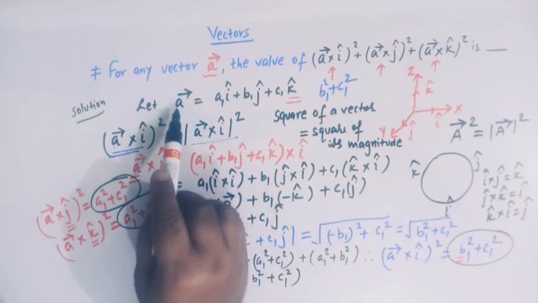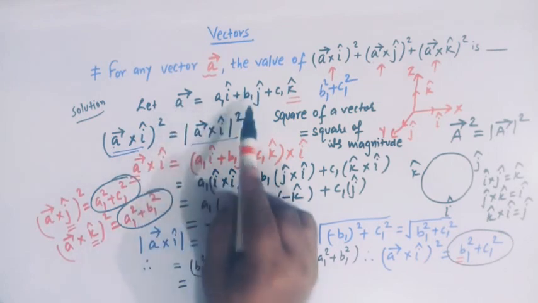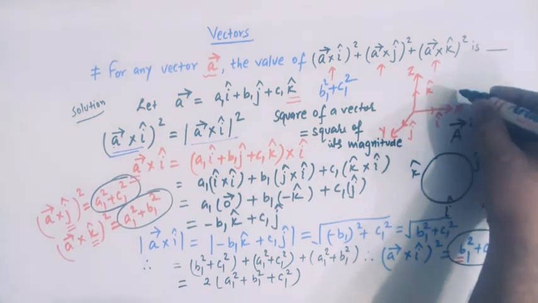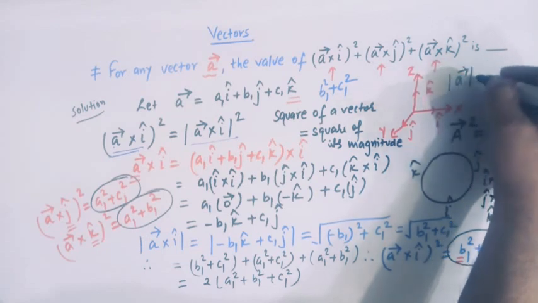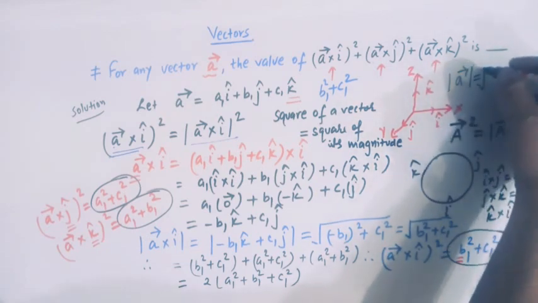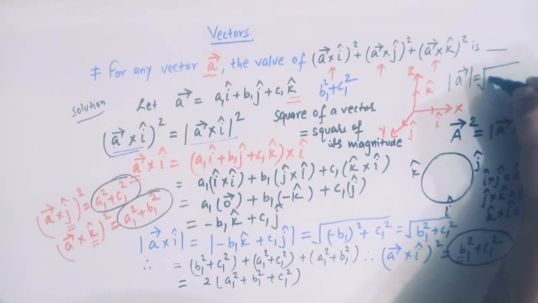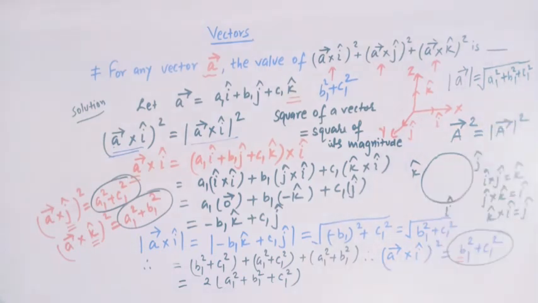And if we look at this vector A, then we see that the magnitude of vector A is equal to square root of A1 square plus B1 square plus C1 square, right?